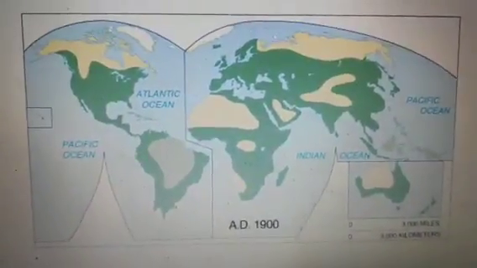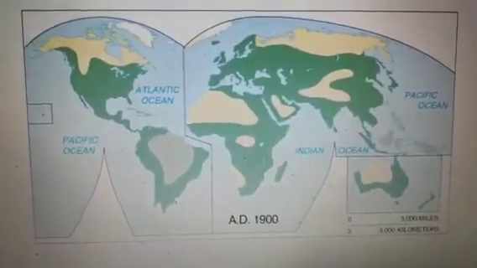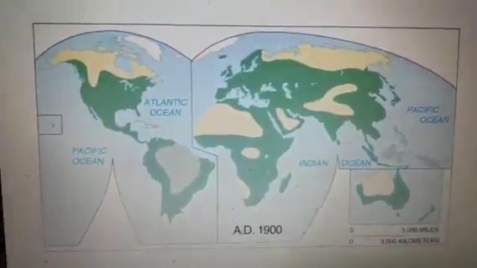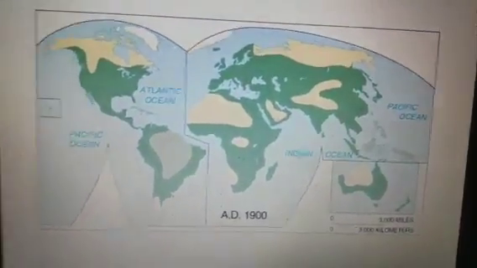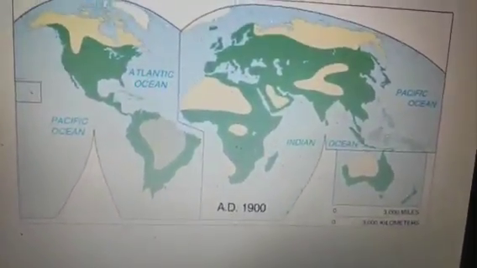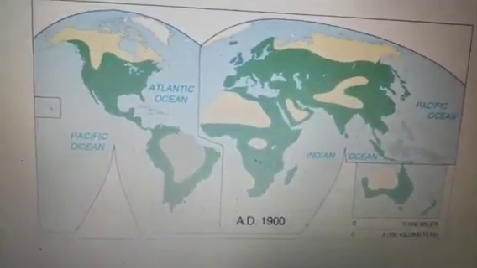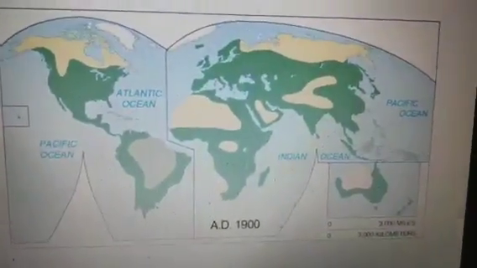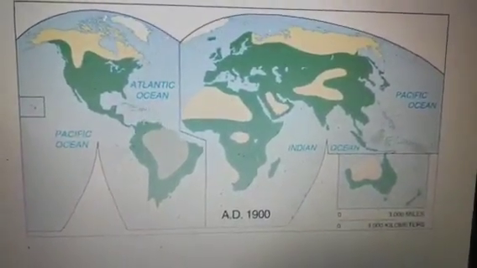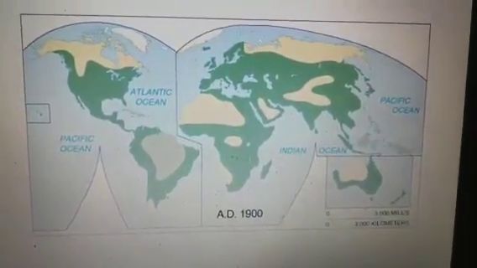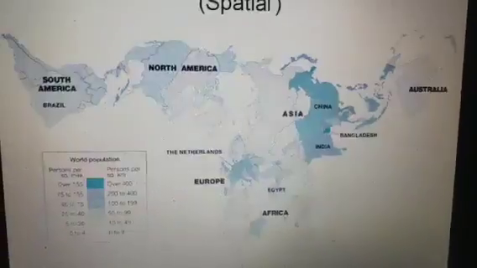Now in 1900 the whole world was like this. Viewing the global spatial geographical diagram, you can see how population was increasing with the sake of development.